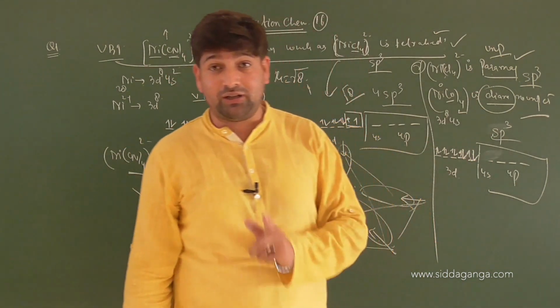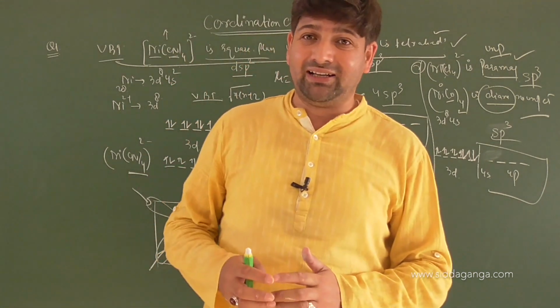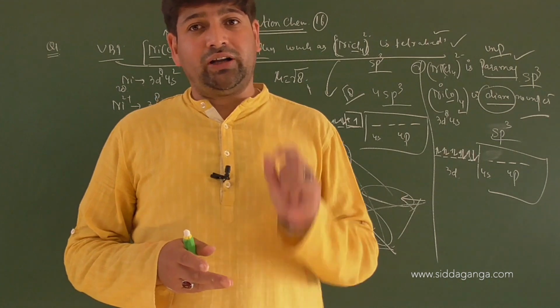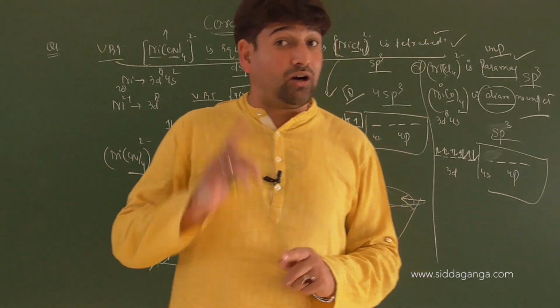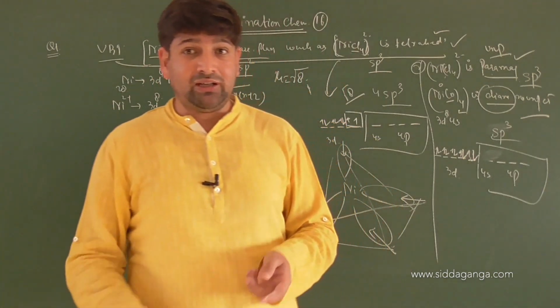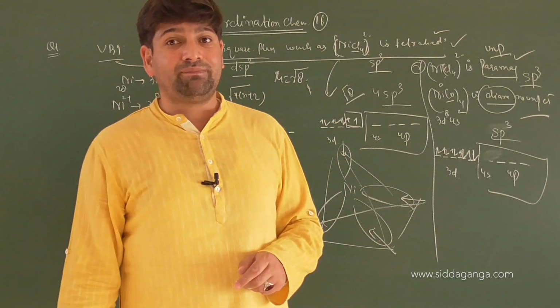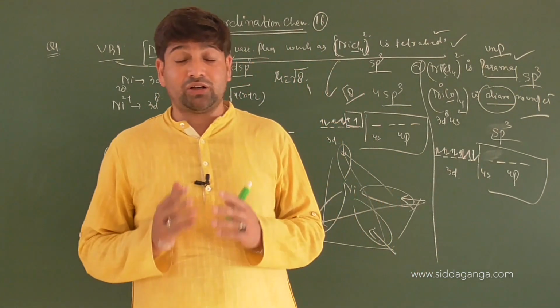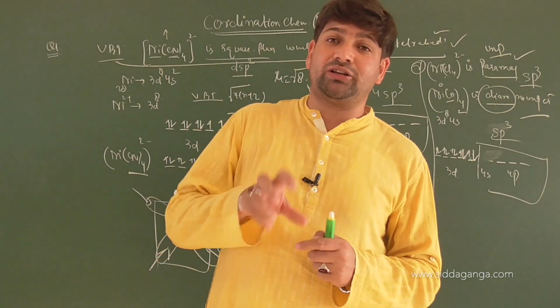I made it sure in my previous classes that dsp2 hybridization is not a sure sign of unpaired electrons, and sp3 hybridization also does not mean that there are unpaired electrons in a system. It also depends upon the electronic configuration of the central metal atom.